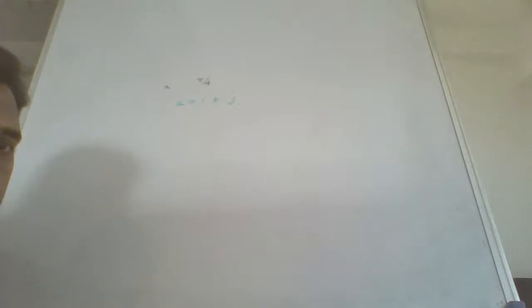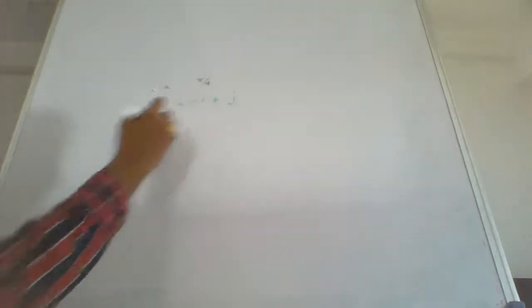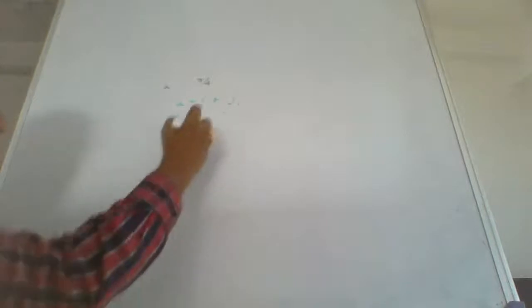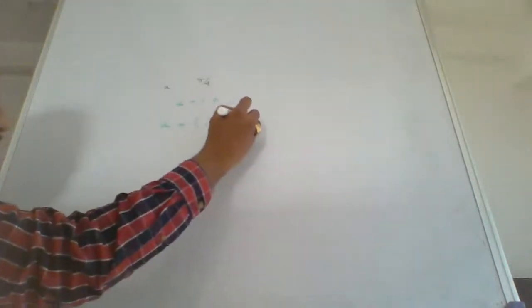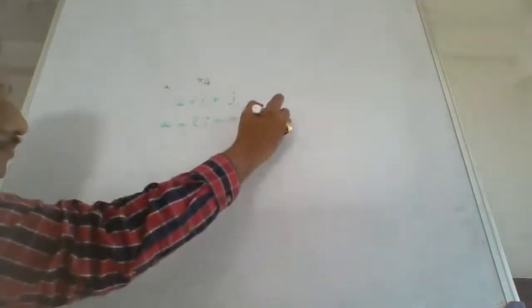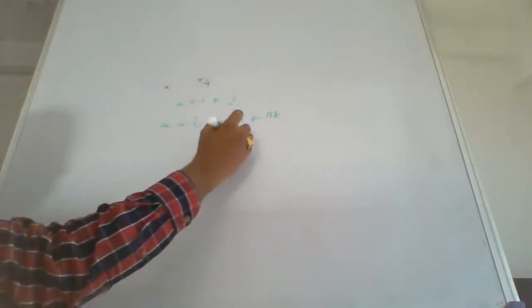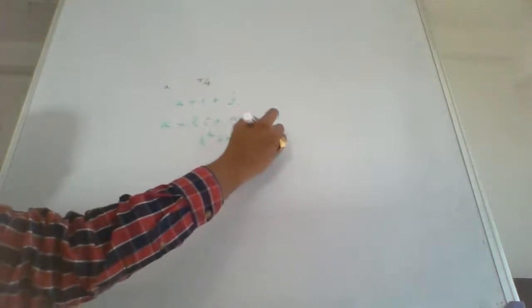So let us call this a as li plus mj plus nk, where l square plus m square plus n square is equal to 1.